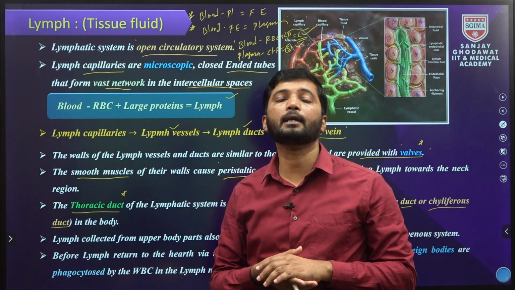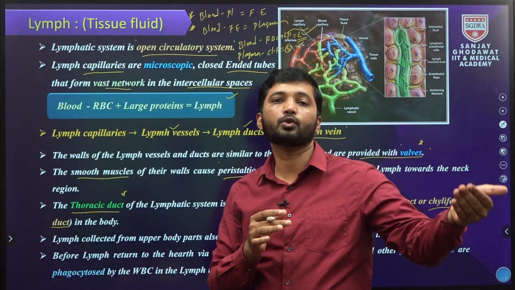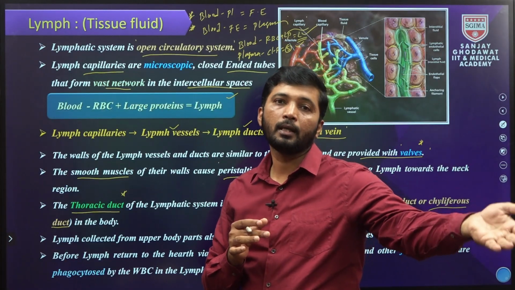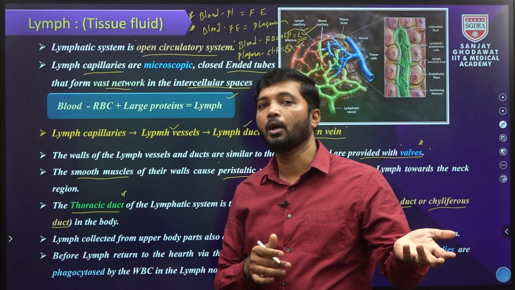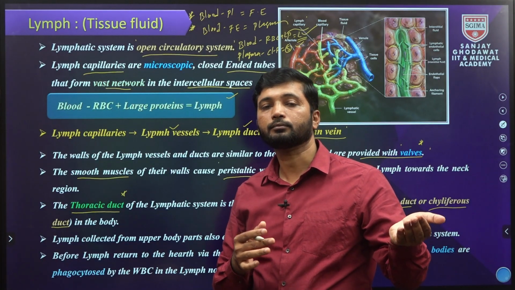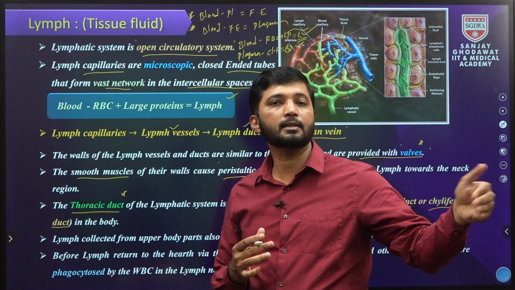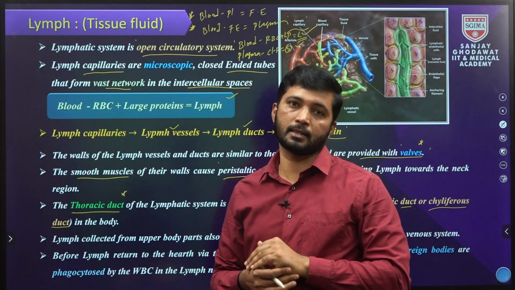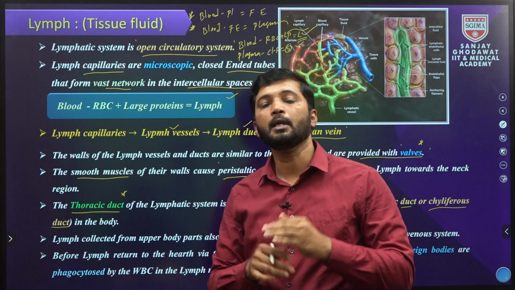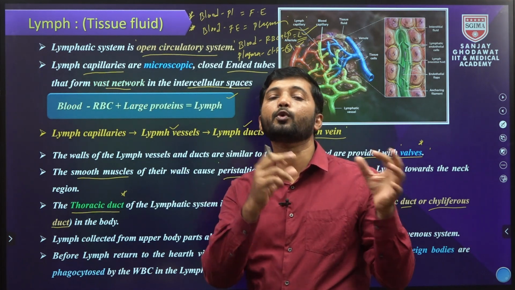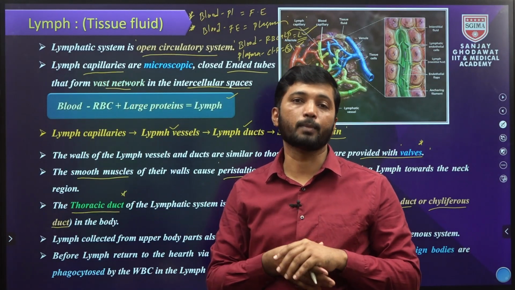chylomicrons, the fats. In fat absorption, the digested fat passes through intestinal cells and diffuses into the lacteals. Before being absorbed into the lacteals, in the intestinal cells the digested fats are enclosed by protein coats, and that is called chylomicrons.